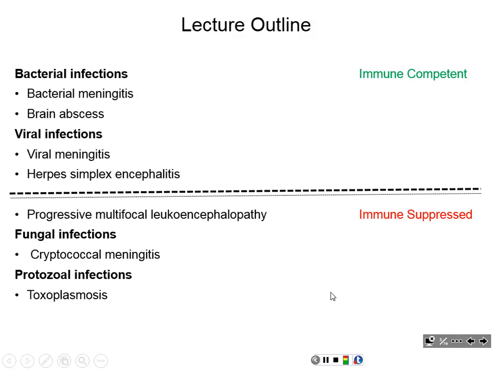My goal here is to not give you an in-depth, detail-oriented overview of every single possible infection, but rather to help you see the big picture and the things that you're going to see most often in practice or on step or shelf exams.